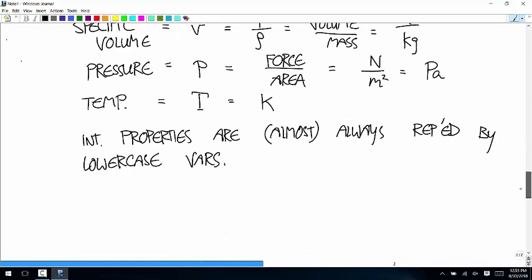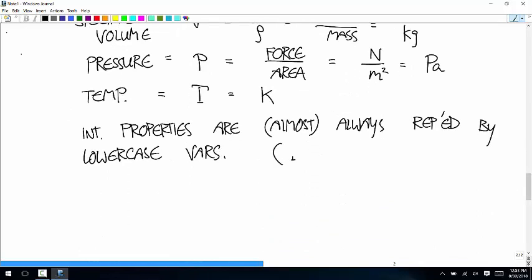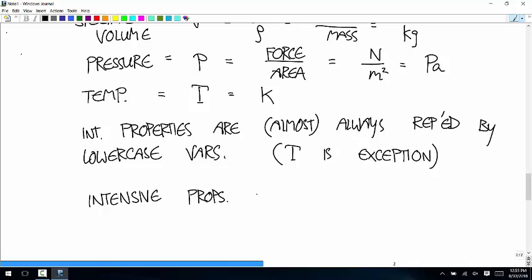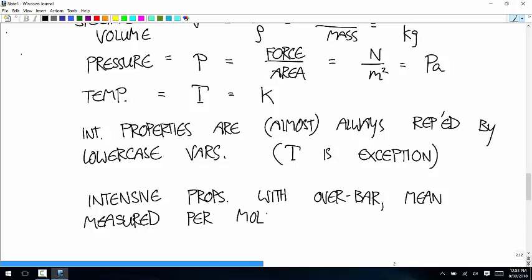When we're talking about intensive properties, temperature is the exception. Intensive properties with an overbar mean that they're measured per mole, per mole of material.